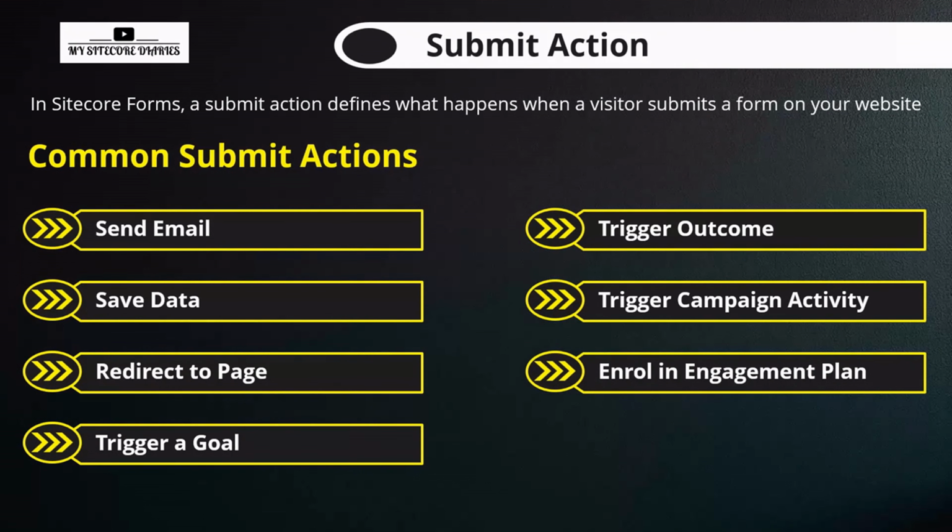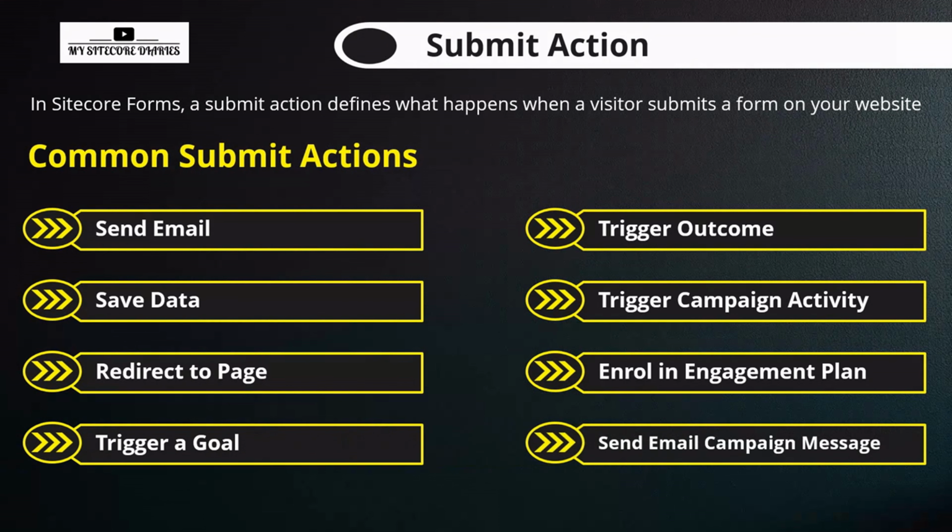Enroll in engagement plan. Enroll in engagement plan adds the user to a predefined engagement plan, nurturing them through personalized content. And the last one is the send email campaign message. Send email campaign message sends a pre-configured marketing email, making it easy to follow up with leads or customers.